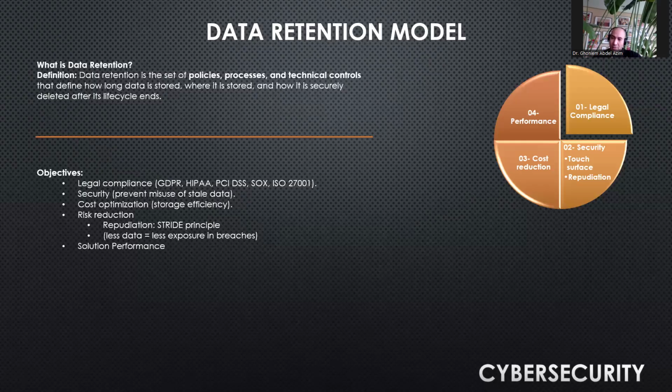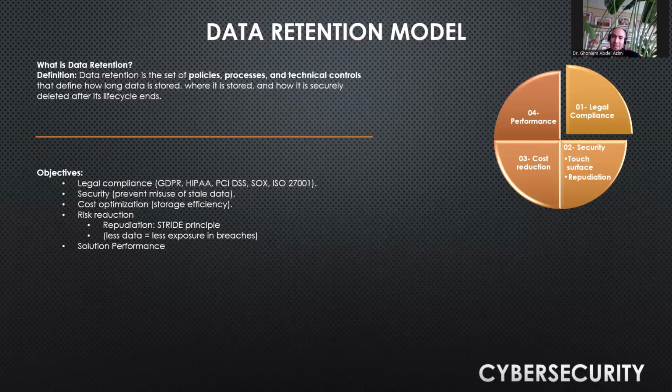And in order to minimize the data storage, you should minimize the data that is subject to being stored within your data architecture model. That happens by applying one of the principles, which is the data retention model.